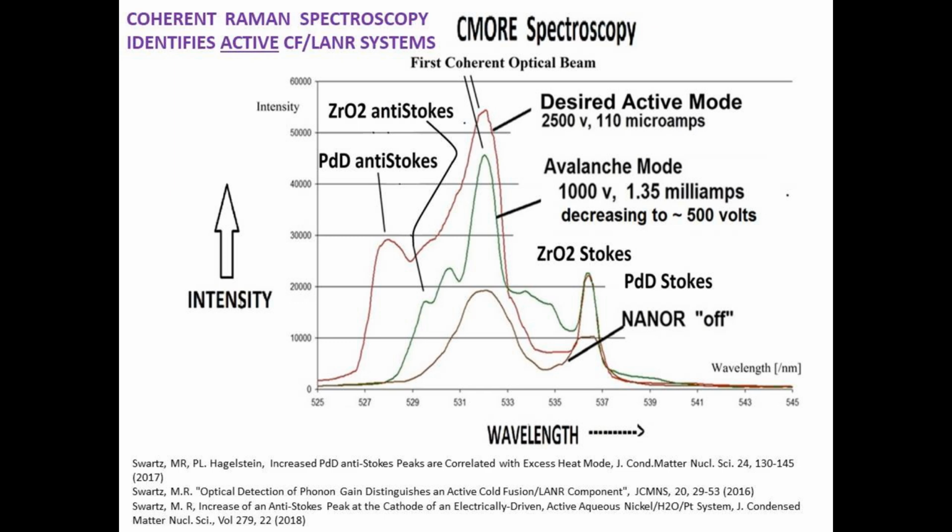And three, in the desired state, when we have excess heat. Even though there is a much smaller electrical driving current, here 110 microamps as opposed to 1.35 milliamps after avalanche, there is in the desired active mode excess heat, and it is clearly picked up in the coherent Raman spectroscopy.